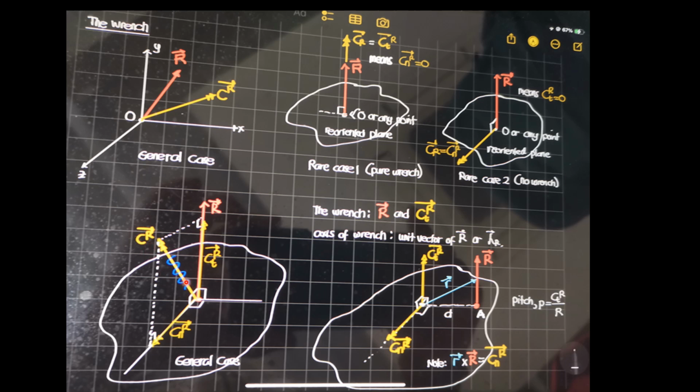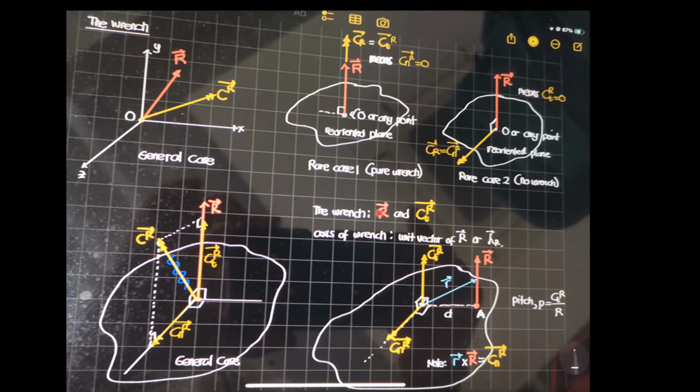So we have here C sub R, and this C sub R is resolved into two orthogonal components, namely the tangential component and this normal component here. And take note that the sum of these vectors is equal to this resultant C sub R. So C sub TR vector plus C sub NR vector equals C sub R.